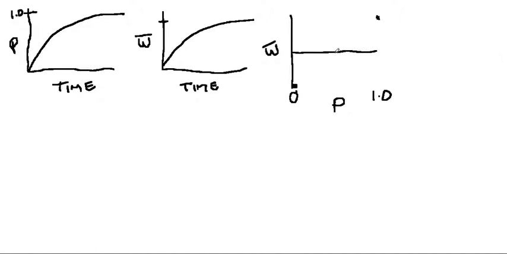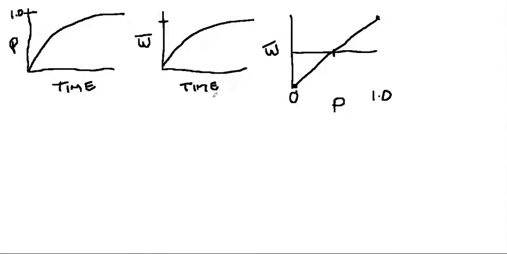And our fitness will be in the middle when 50% of our population have P alleles. So if we think about what our relationship is going to be, we'll see a nice straight line with fitness increasing as the frequency of the P allele increases.